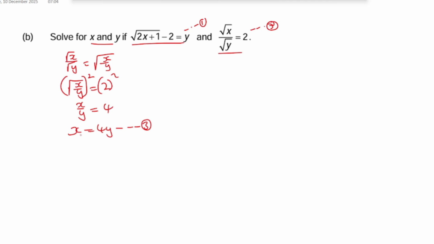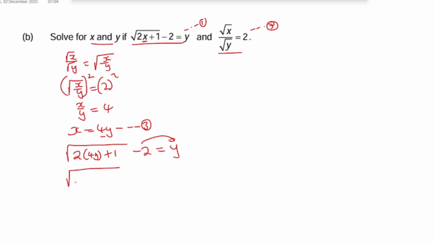Then we take our x from equation 3 and substitute into equation 1. It becomes square root of 2 times 4y, because x is 4y, plus 1, then minus 2 is equal to y. What do we do from here? We can transpose negative 2.